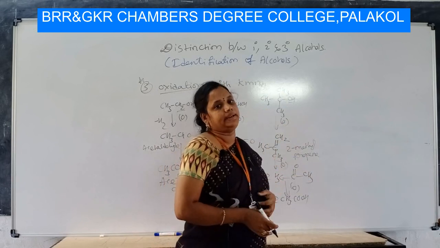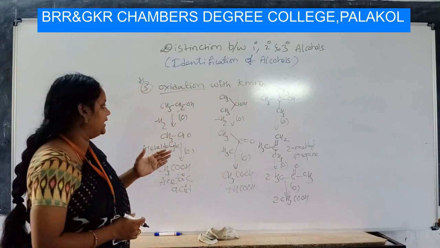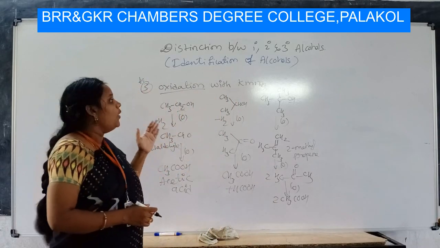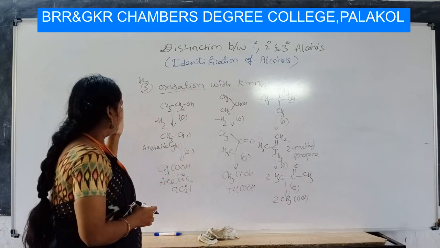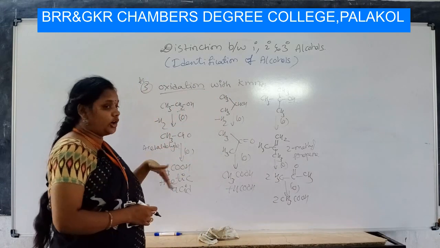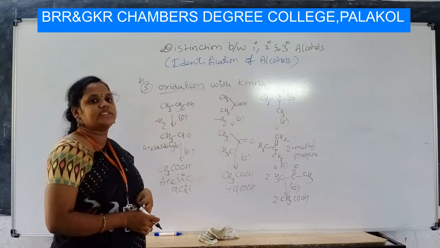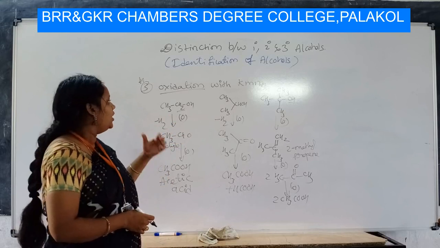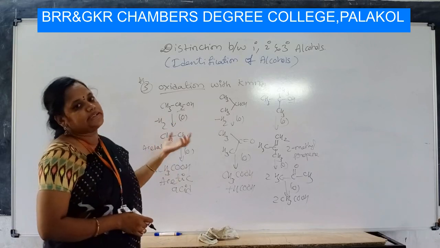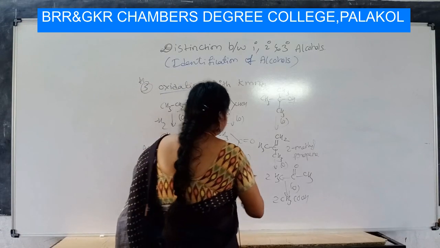In this way, using the KMnO4 oxidizing agent, we can distinguish between primary, secondary and tertiary alcohols. Not only KMnO4, we can also use K2Cr2O7 to distinguish between them. The next case.